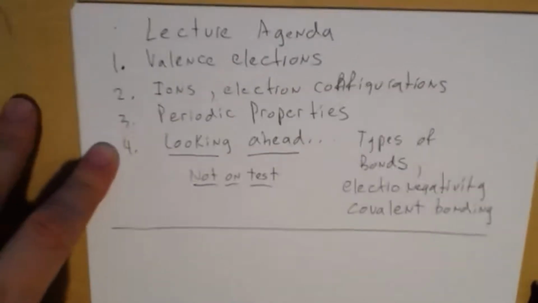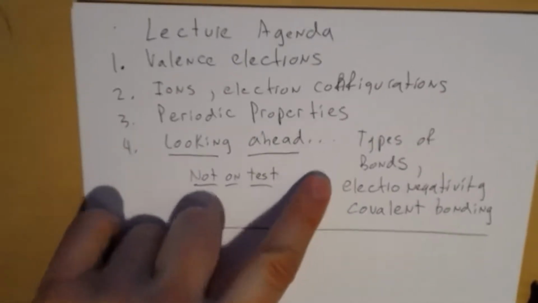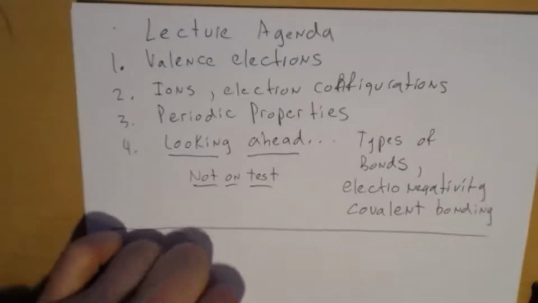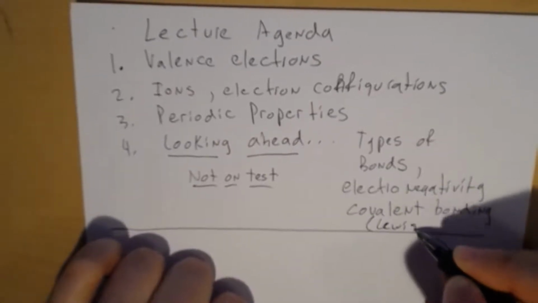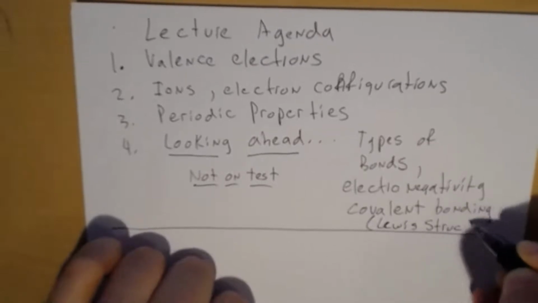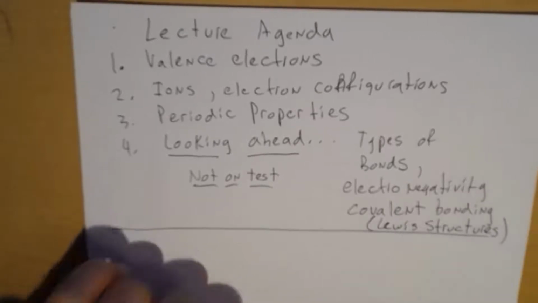And then finally, just a little bit of looking ahead. This looking ahead, looking at types of bonds, electronegativity, and covalent bonding, this is all preparing us for Lewis structures, which is something we're going to work on when we come back after the test. So that's kind of the idea for that.